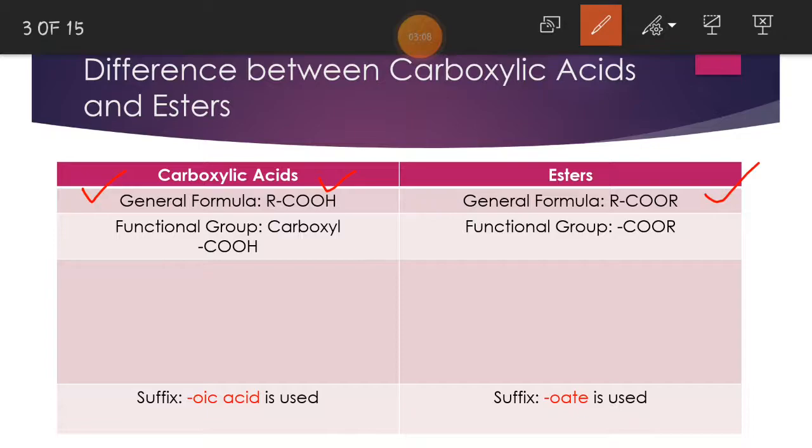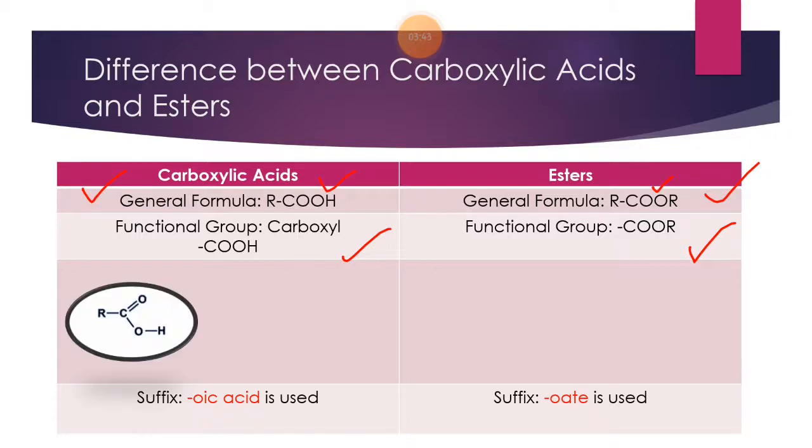However, in ester, the oxygen atom which is singly bonded to the carbonyl group is attached to an alkyl group on the other side. The functional group for carboxylic acid is COOH, also called the carboxyl group, and the functional group for ester is COOR.